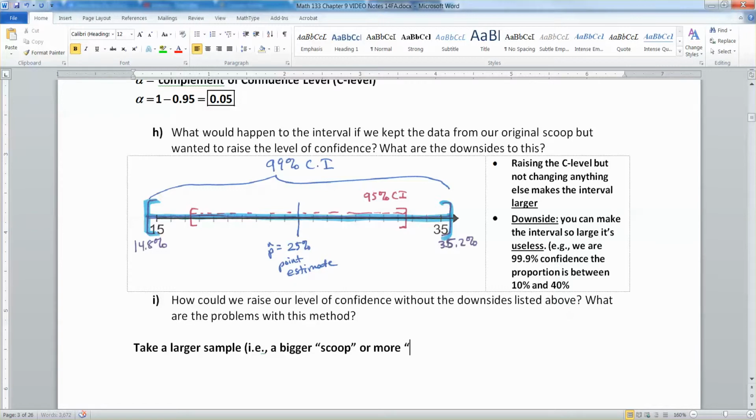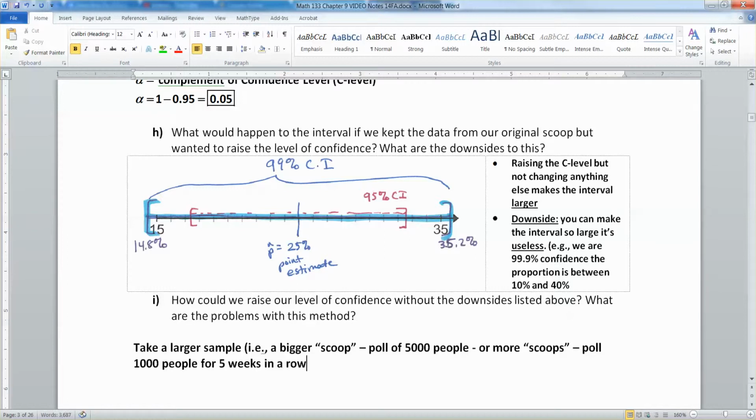So for elections and stuff like that, they don't take a poll of 5,000 people. What they do is they take a poll of 1,000 people 5 times, right? So a bigger scoop would be a poll of, let me just make it up, 5,000 people, or more scoops would be to poll 1,000 people for 5 weeks in a row.